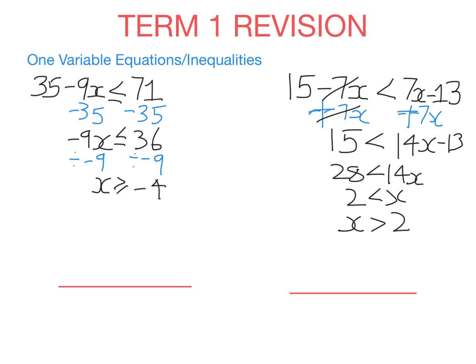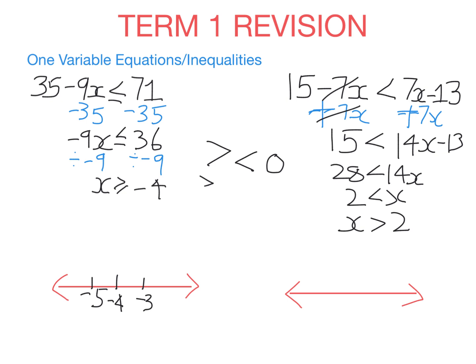So if you are asked to graph a number line, make sure your number line has arrows. All you do is mark the number. So for negative 4, just going to put that in the center, just going to put a number on each side. Now, when it is a strict inequality, so it's one of these, you use an open circle.